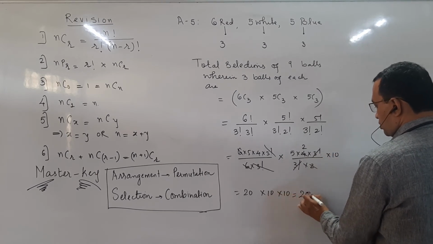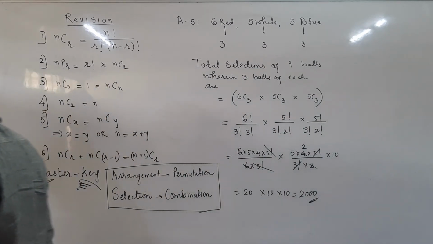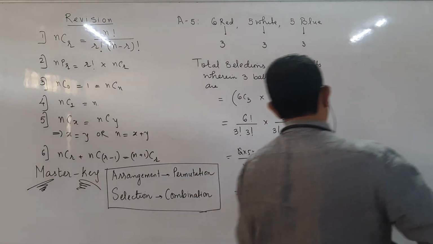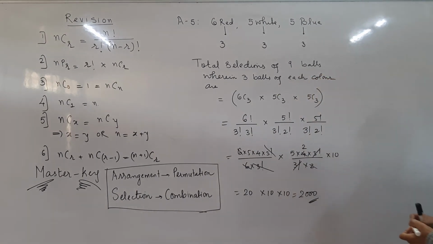So the total number of ways of selecting 9 balls, wherein 3 balls of each color are there, is 6C3 into 5C3 into 5C3.